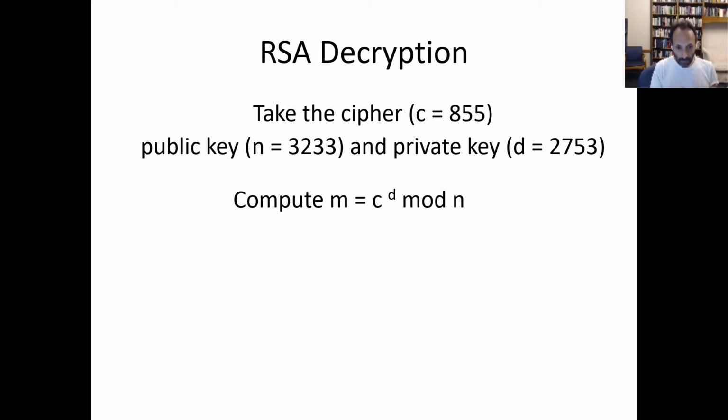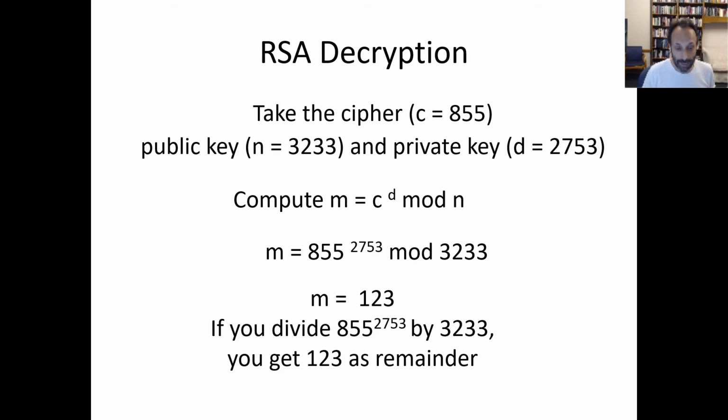So it's 855, that's C, to the 2,753, which is the private key. Then you divide it by 3,233, the modulus, and you see what's left over. It better be 123, because that's the way it's supposed to work. And in fact, that is the answer. The remainder is 123.